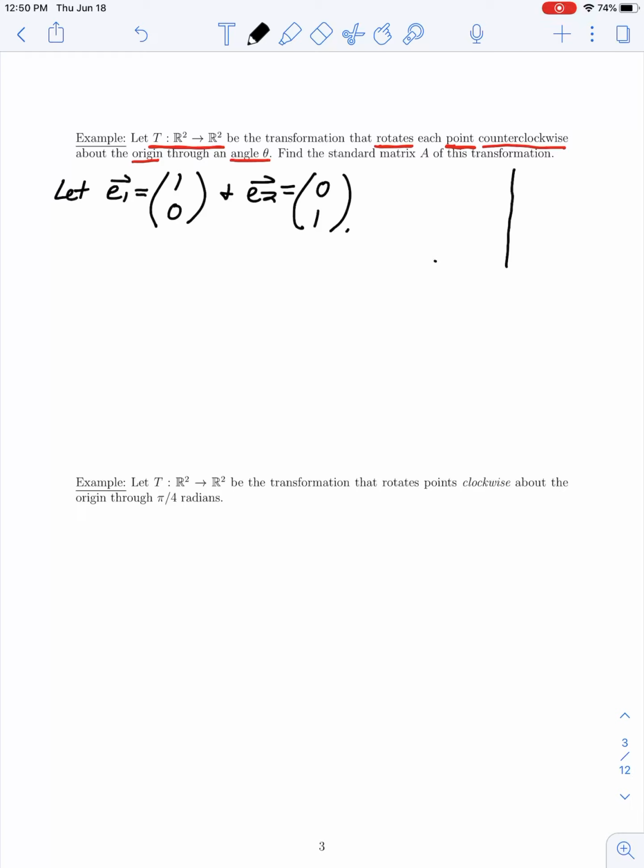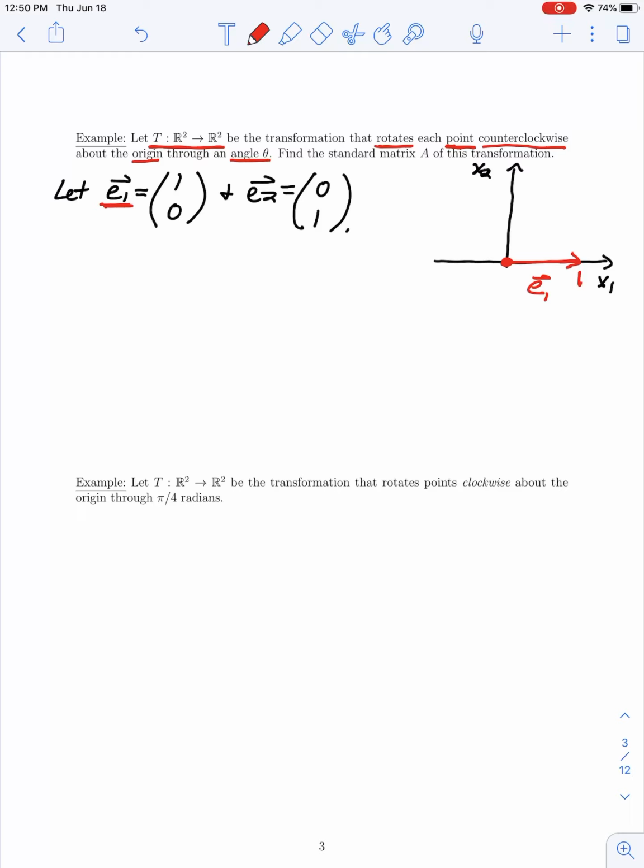So let's consider sketching this transformation in the x1, x2 plane. So looking at our first vector, E1, we have the vector 1, 0. So its position vector representation would have its initial point at the origin, and we're taking the vector E1, which moves 1 unit to the right and 0 units upward or downward.